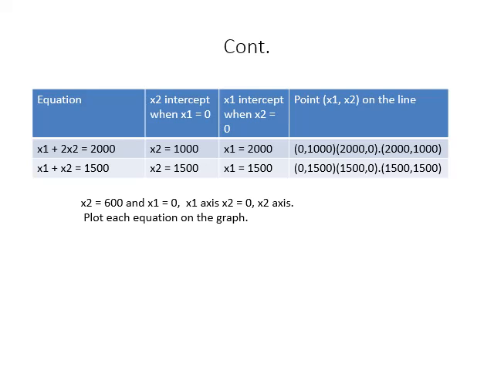Okay. x2 obviously equals 600 and x1 equals 0. x1 axis, x2 equals 0, x2 axis.